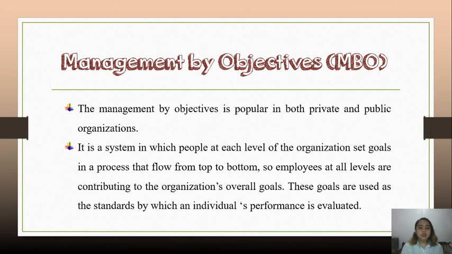These goals are used as a standard by which an individual's performance is evaluated. So the management by objectives or MBO is setting goals to evaluate the performance of the individual.